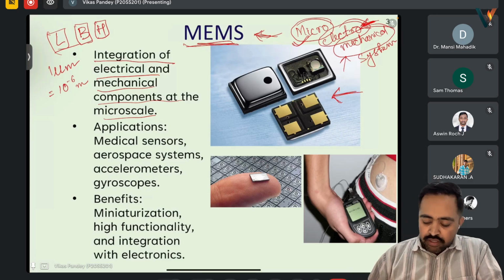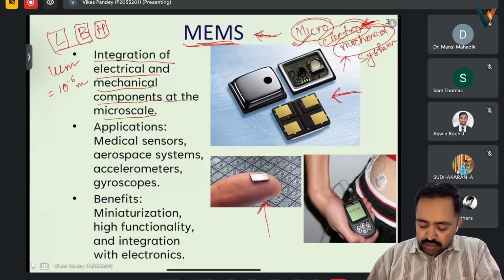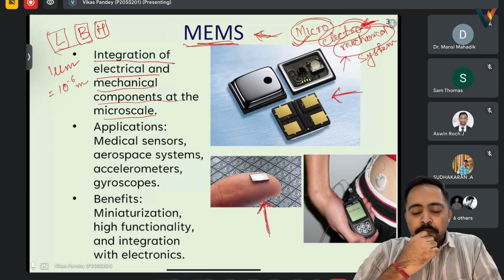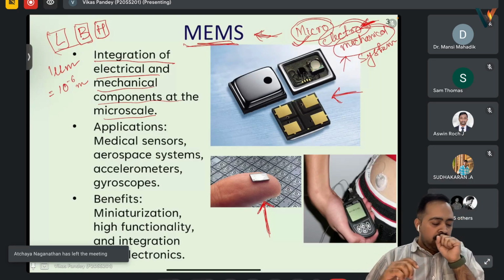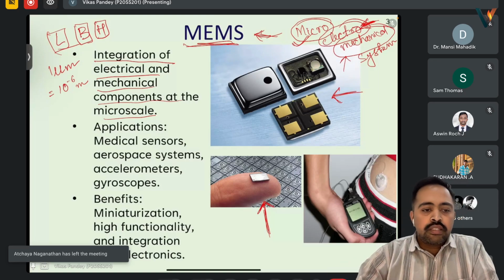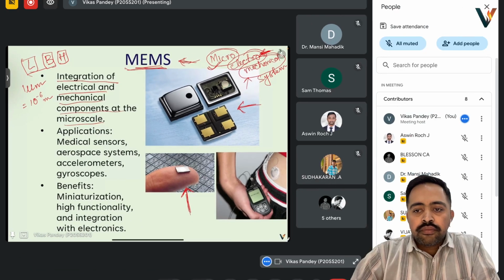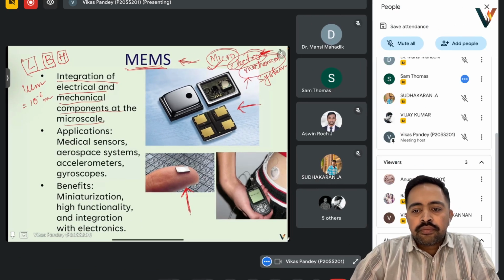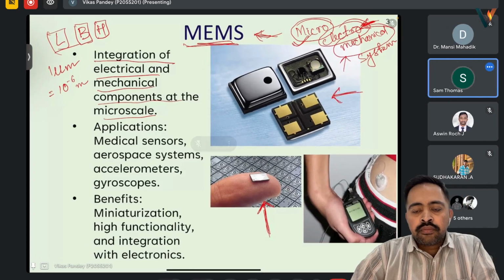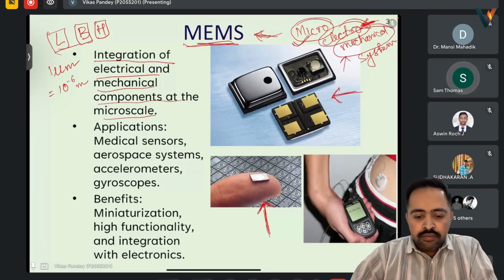Then if you see this one, can anyone guess what this is? So tiny thing. Yes, anyone? Sir, some type of chip used for this material.